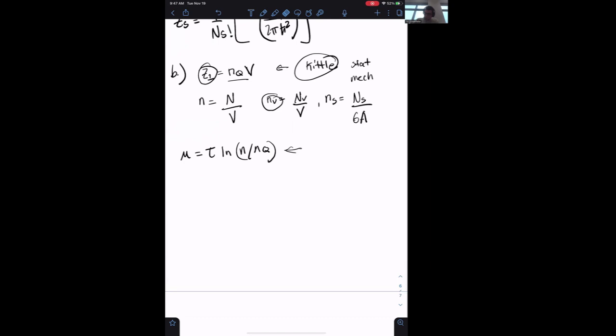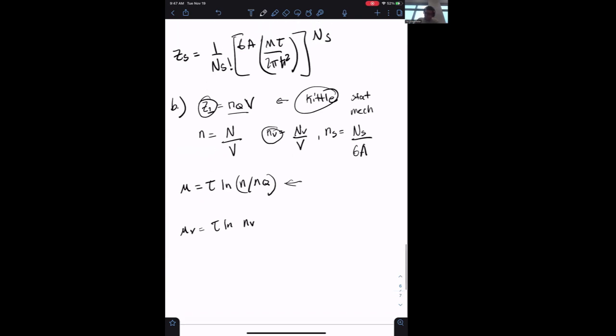So the chemical potential inside the volume is equal to tau ln NV. I should rearrange this, well, I'll do that in the next step.